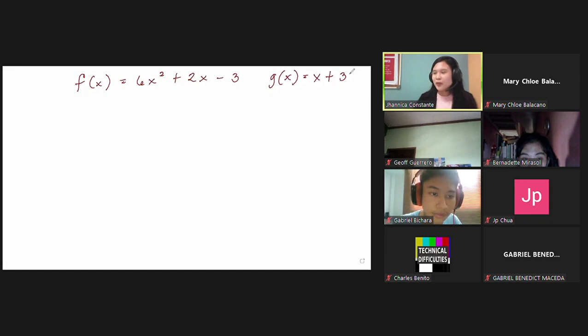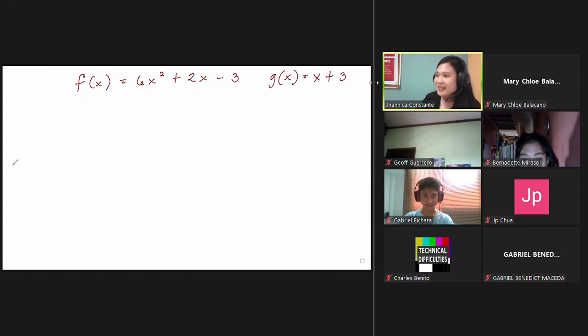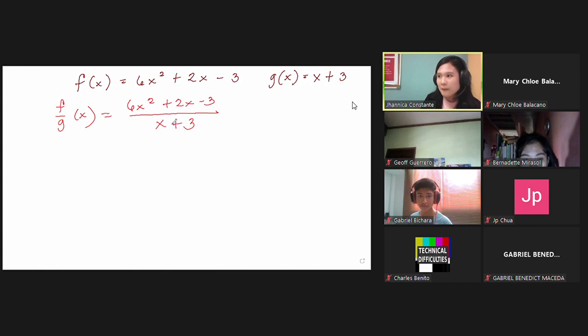So for example, those are the two functions that we have. f of x is equal to 6x squared plus 2x minus 3, and g of x is equal to x plus 3. We're going to find the quotient of these two functions. We'll be having 6x squared plus 2x minus 3 divided by x plus 3.